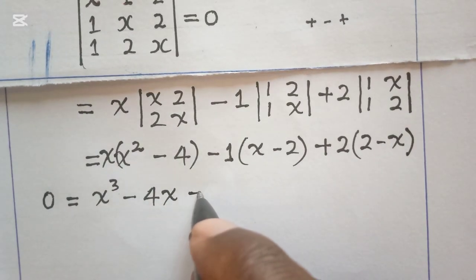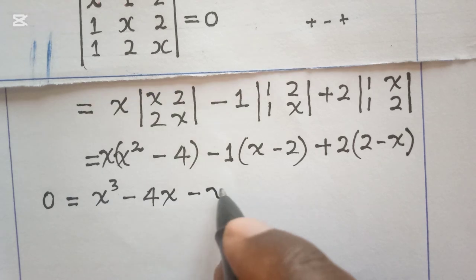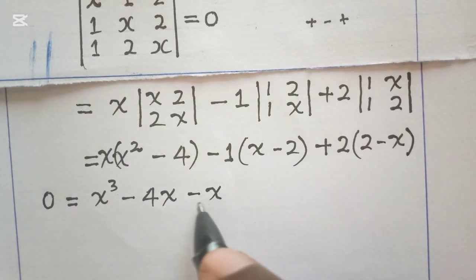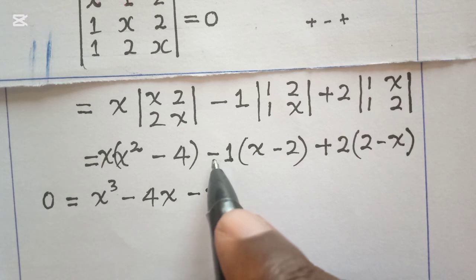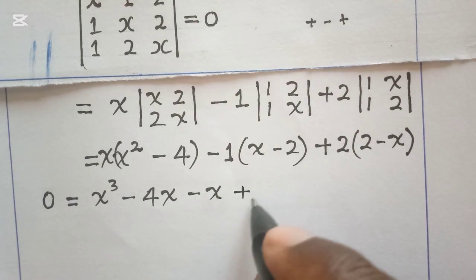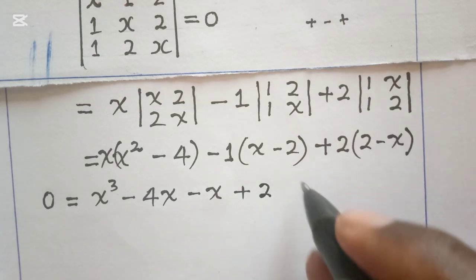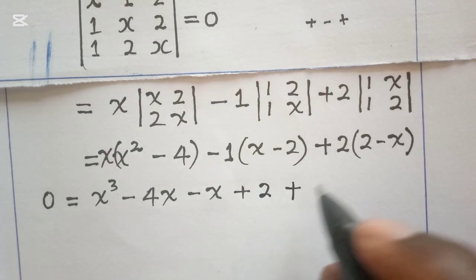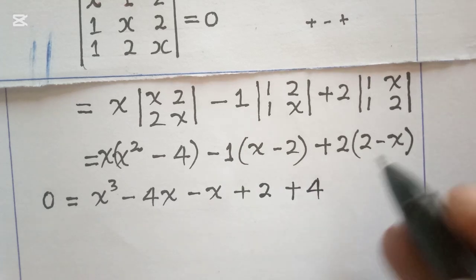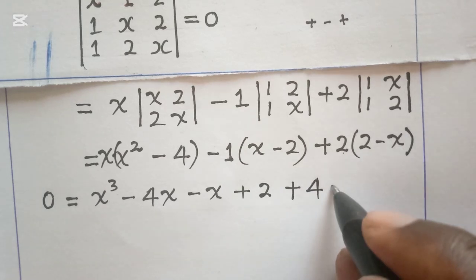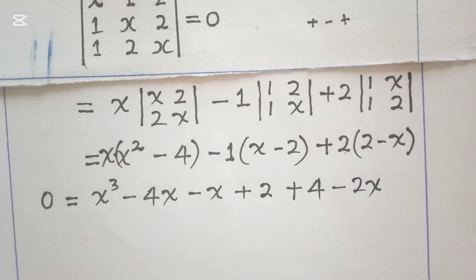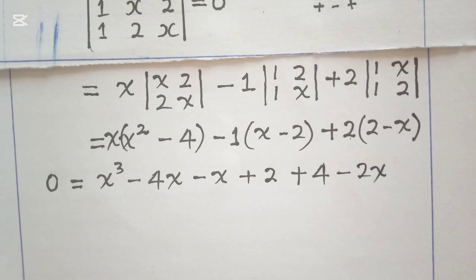Then minus, here we have x, that is minus 1 multiplied by x is minus x. Then minus 1 multiplied by minus 2, that one we get plus 2. Then plus, this one is going to be plus 4, then minus 2x.